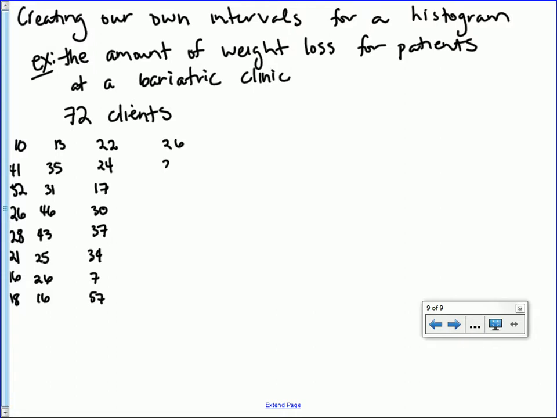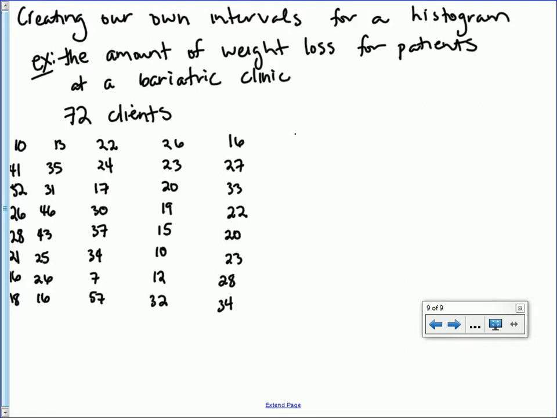Next column starts at 26, 23, 20, 19, 15, 10, 12, and 32. Then I have 16, 27, 33, 22, 20, 23, 28, and 34.